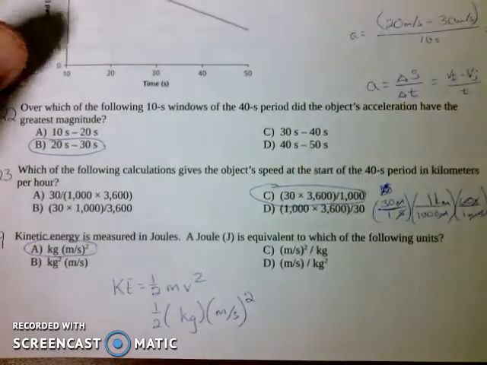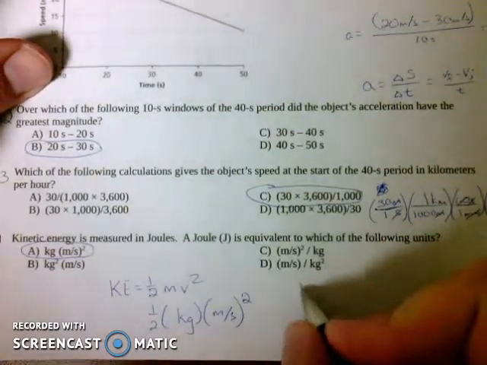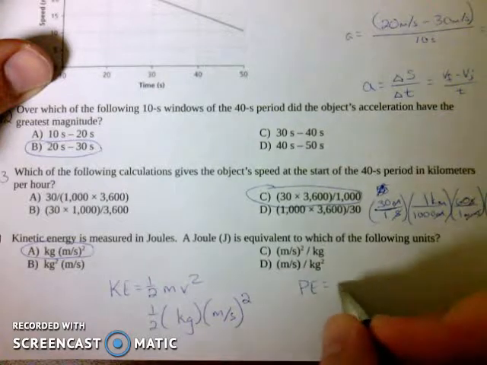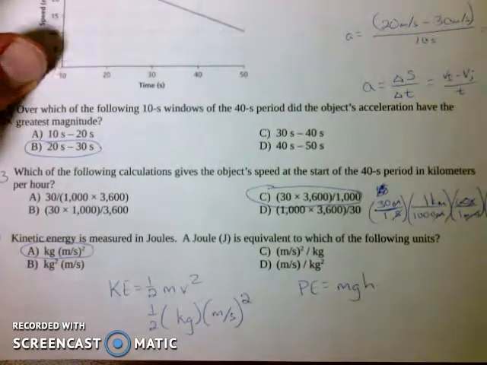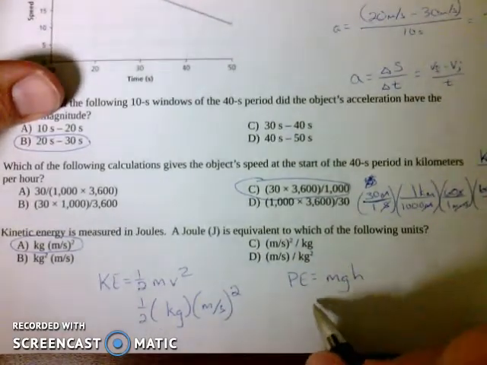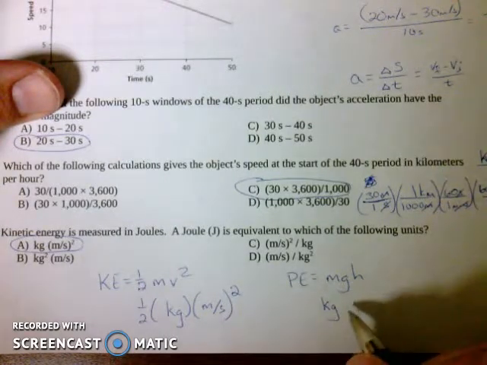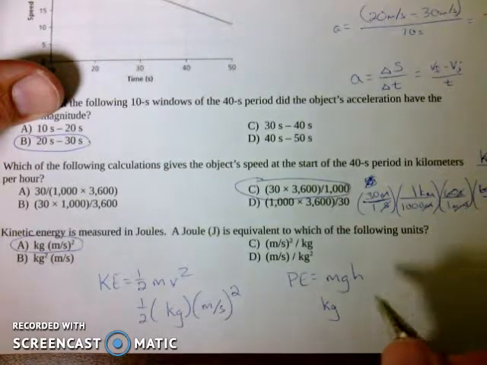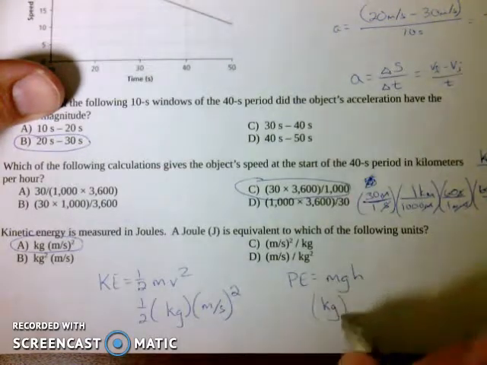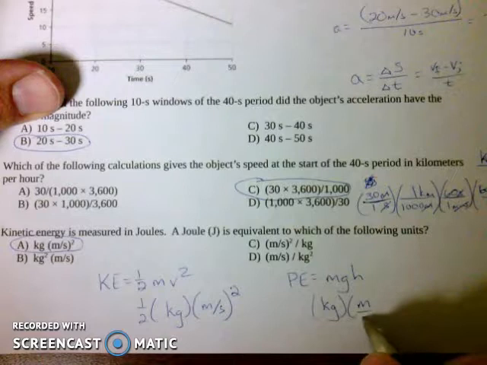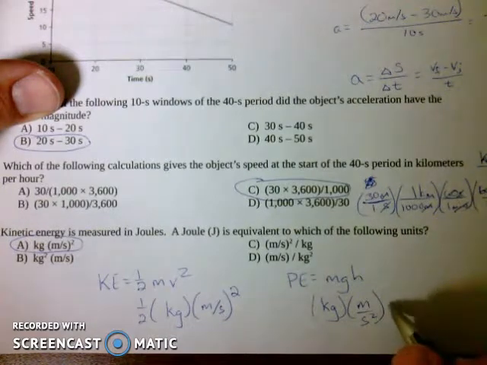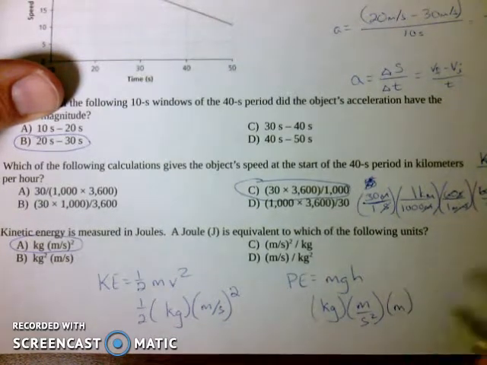Also, you might remember that all energy is measured in joules, so potential energy equals mass times gravity times height. What happens if we look at these units? Mass is measured in kilograms. Gravity is an acceleration, and its units are meters per second squared. And height in SI units is measured in meters.